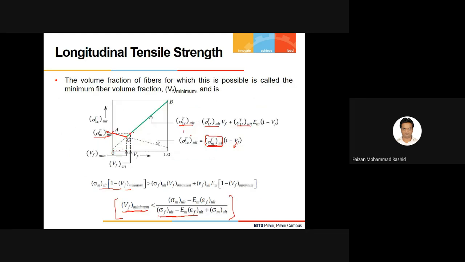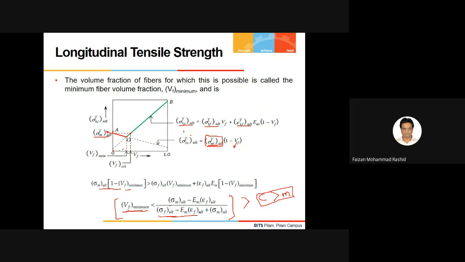Now you see here, I got the minimum value of fiber volume fraction, which ensures that if the fiber volume fraction is more than this, then the strength of my composite will be more than the strength of my matrix. Okay. Then is there any upper bound of my fiber volume fraction?